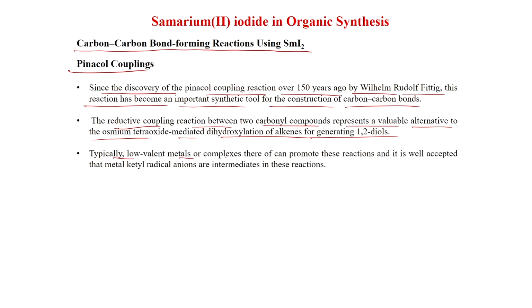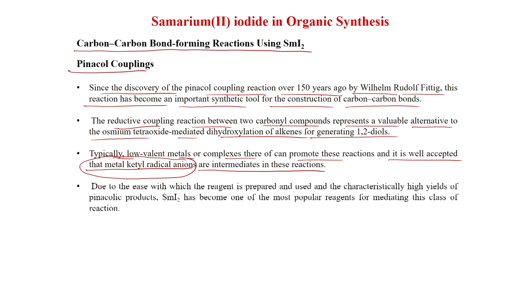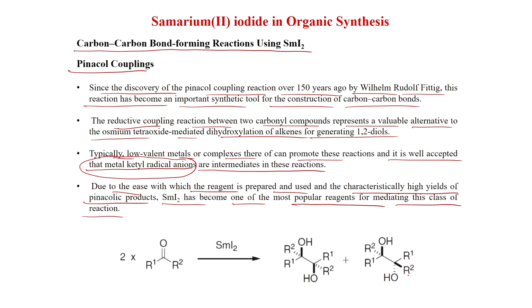Typically, low valent metals or complexes thereof can promote this reaction, and it is well accepted that metal ketyl radical anions are intermediates in this reaction. So, like that we have seen in carbonyl group reduction, the ketyl radical anion is also forming, and that will generate the pinacol product. Due to the ease with which the reagent is prepared and used and the characteristically high yields of pinacol products, samarium iodide has become one of the most popular reagents for mediating this class of reaction.